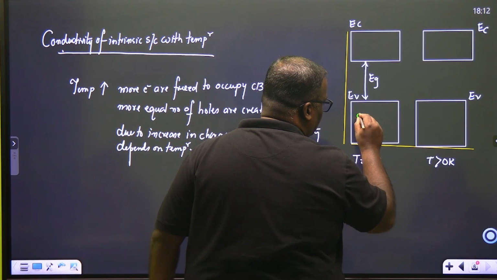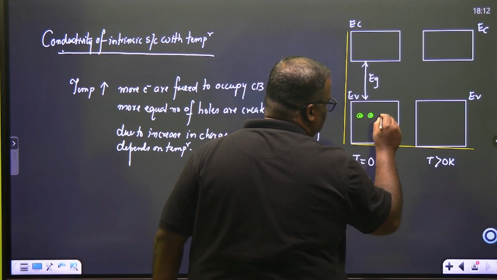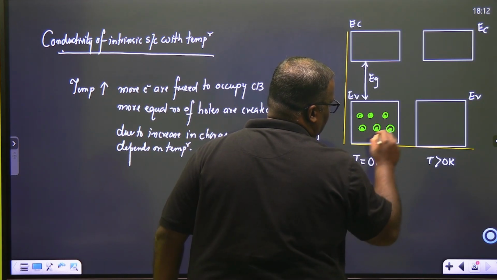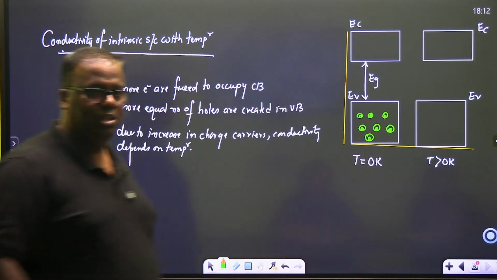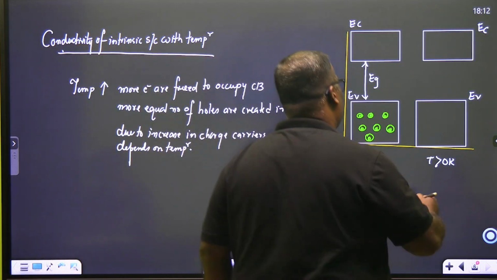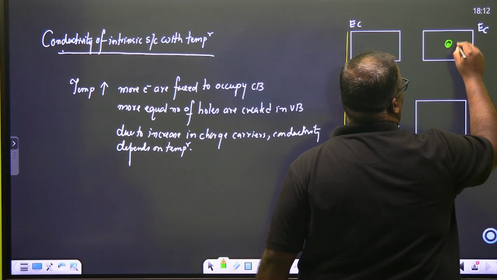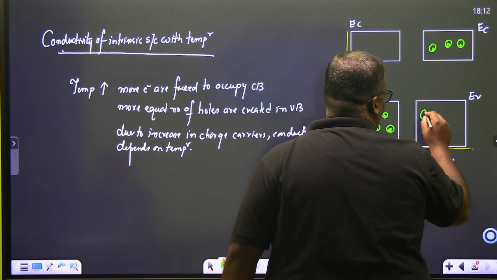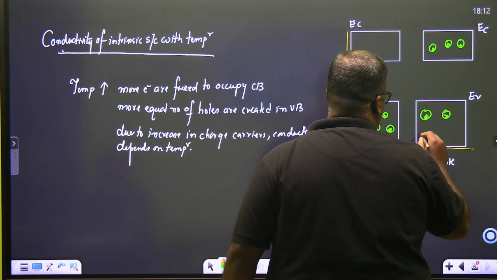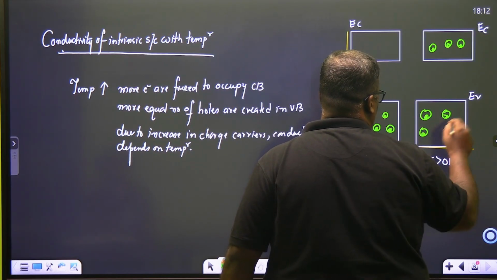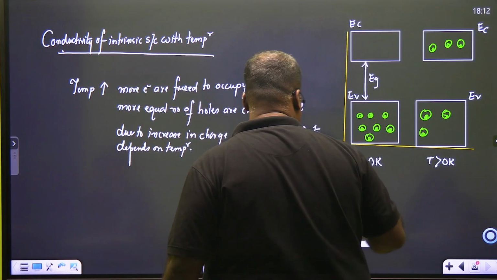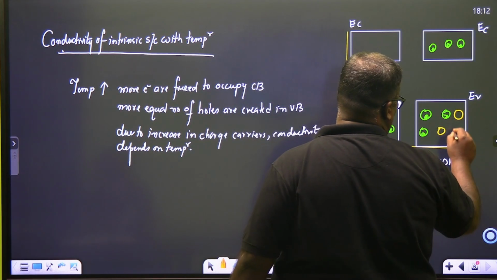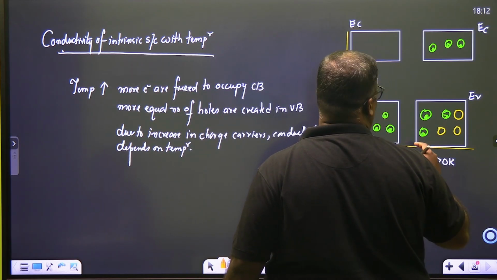At 0 Kelvin, electrons are all, these are my electrons. The greens are electrons, okay? Let's say we have 7 electrons out here. All the electrons are in the valence band. When you give it more temperature, let's say 3 electrons have jumped to the conduction band. So out here we will have 1, 2, 3, and we will be left with 1 hole here, 1 hole here, 1 hole here.